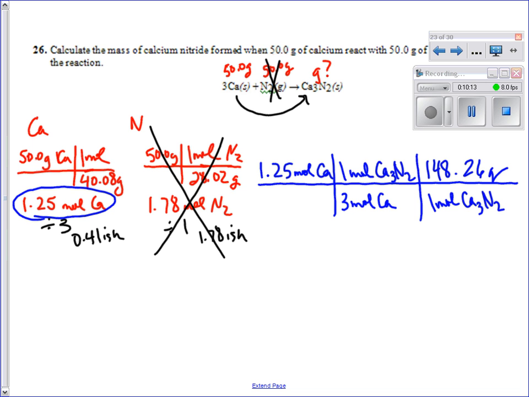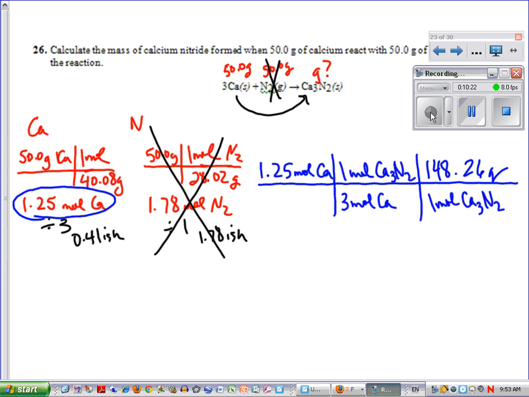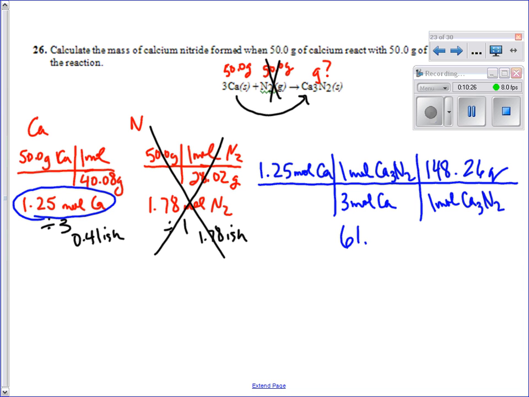All right, those are my grams of calcium nitride. So to 3 sig figs, how many grams of calcium nitride did I produce? 161.8 grams of calcium nitride produced. There we go.